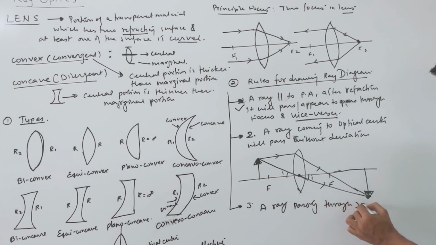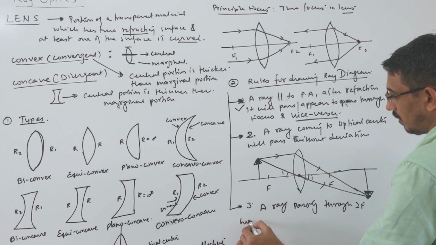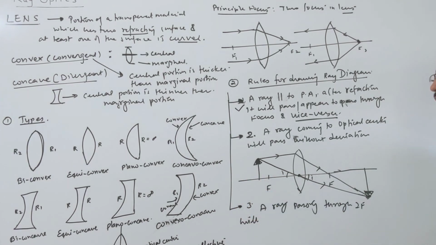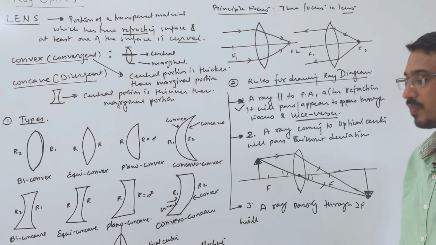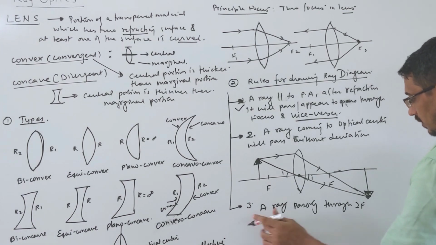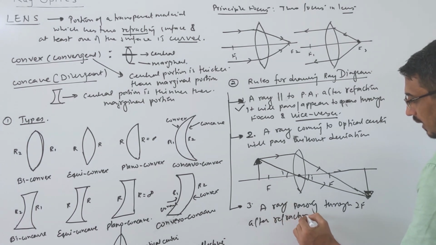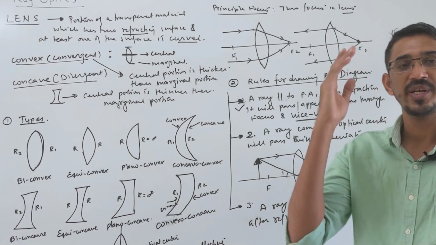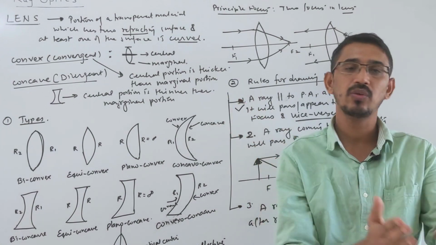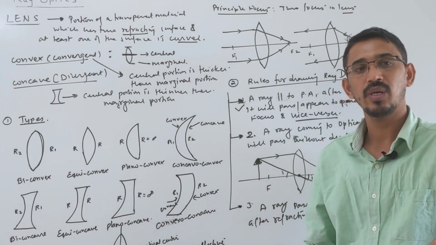2f. If a ray is coming through 2f, what happens after refraction? Like in a mirror, it retraces its path, right? It goes back again to 2f. Here also it passes through 2f only, but on the other side.